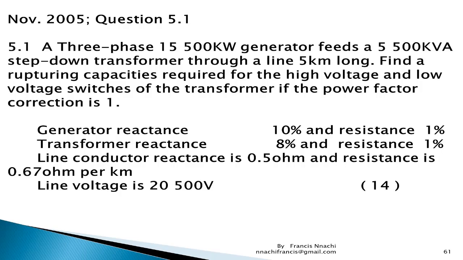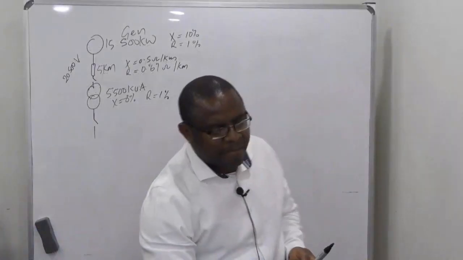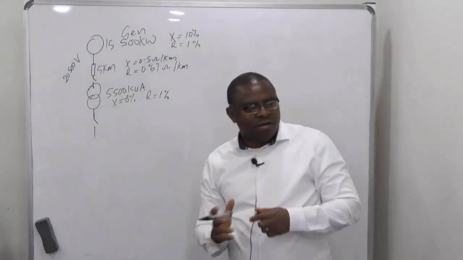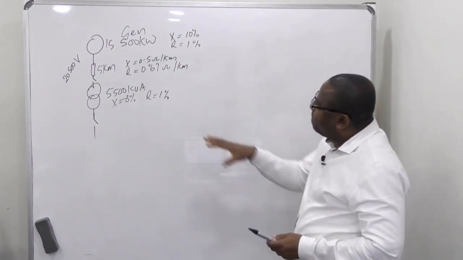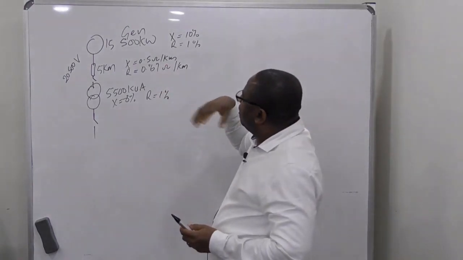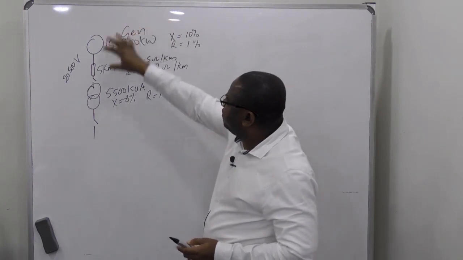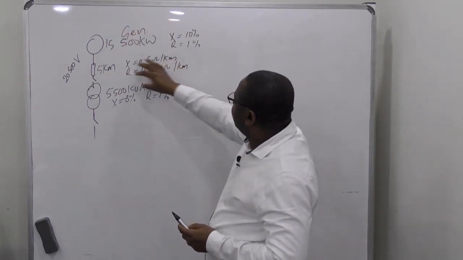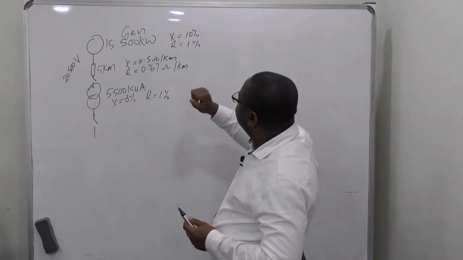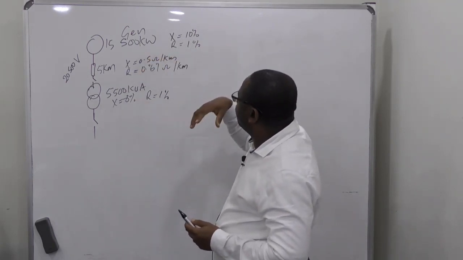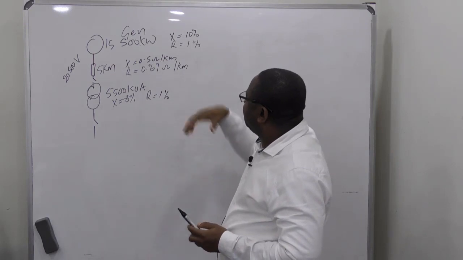Okay, so let's look at it together. And this is November 2005. I think it's mines. Now, this is what is given. All right, the impedance of the generator and all this is in percentage, this one is in ohms per kilometer.